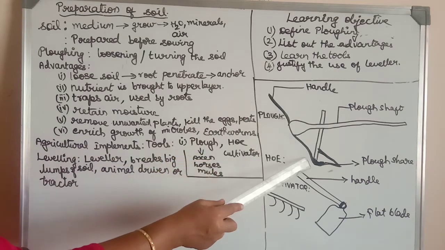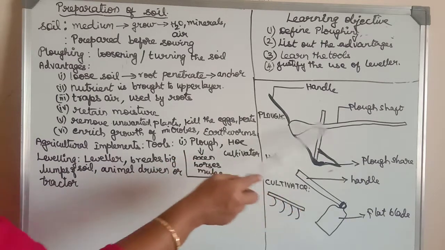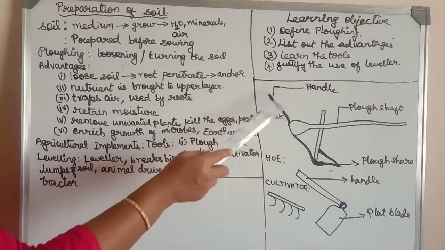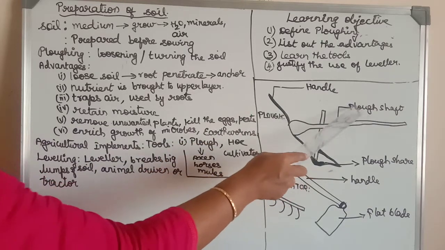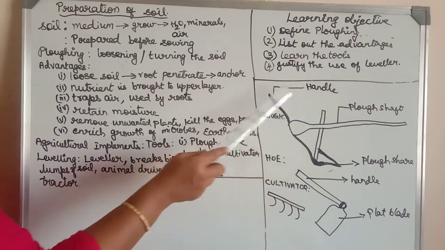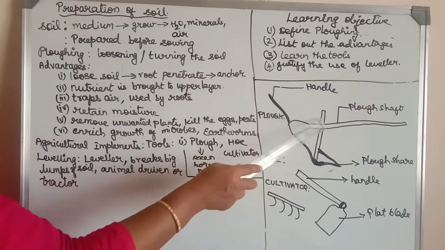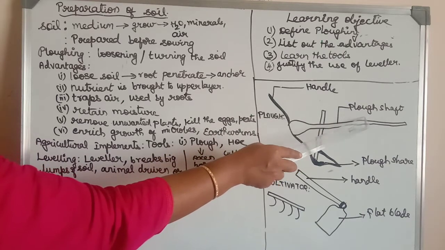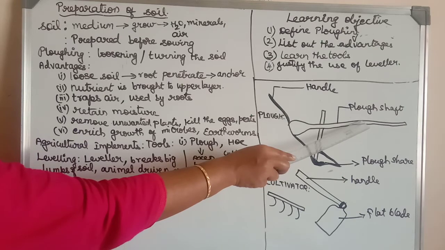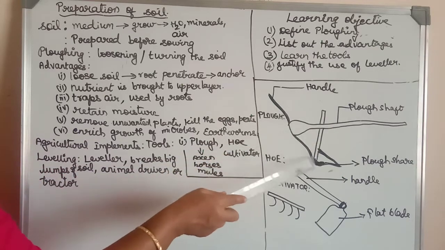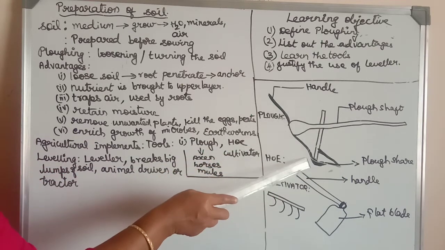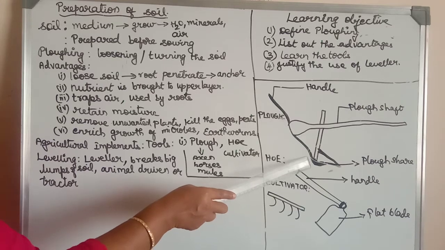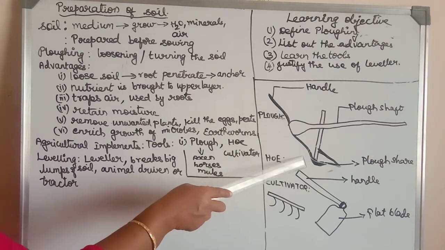The plough consists of the ploughshare and the handle. Here, the long part is called the plough shaft, which consists of a handle at one end and the other end is laid on the neck of the domestic animal. When it is driven, it helps the soil to get loosened. As a result, it also paves the way for turning the soil upwards.